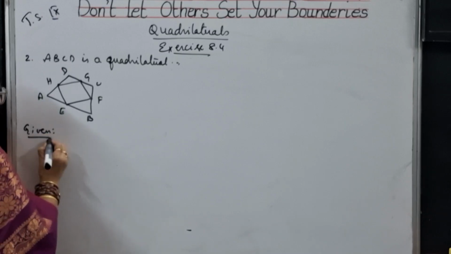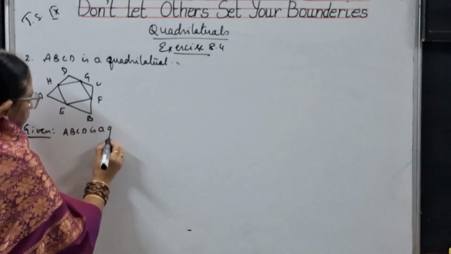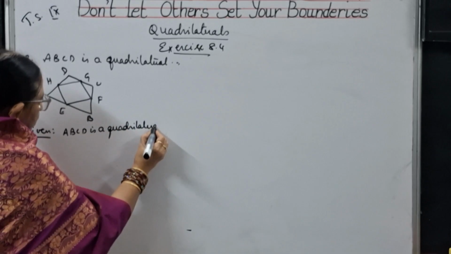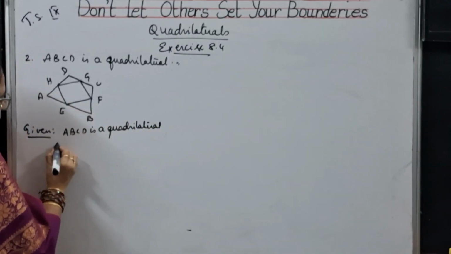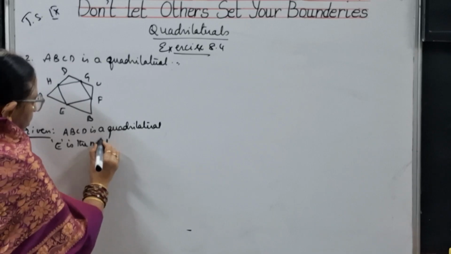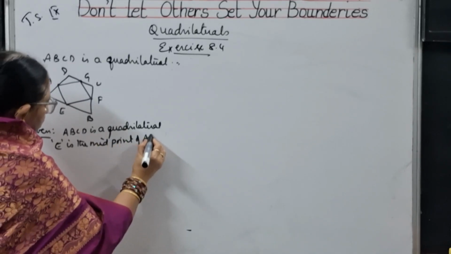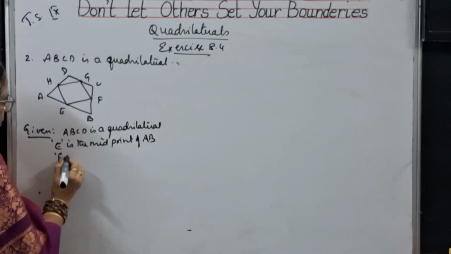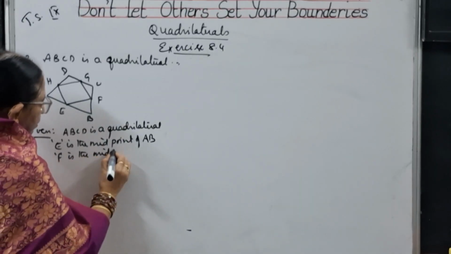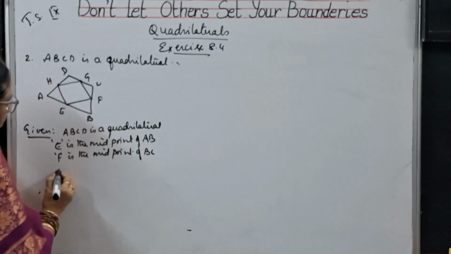What is given? ABCD is a quadrilateral. E is the midpoint of AB. F is the midpoint of BC.